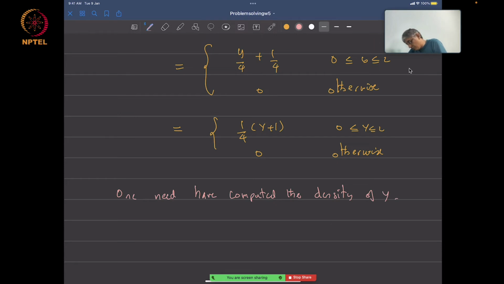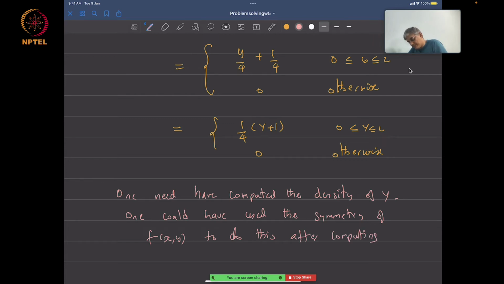One could have used the symmetry of f sub x,y to do this after computing f sub x, because it's the same rule in that sense. That's a remark one can keep in mind. Of course, there's no harm in doing the computation again and getting the answer right.